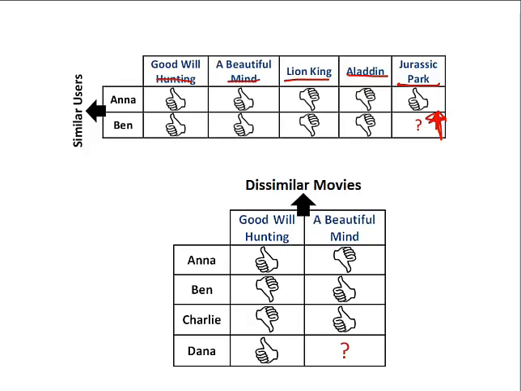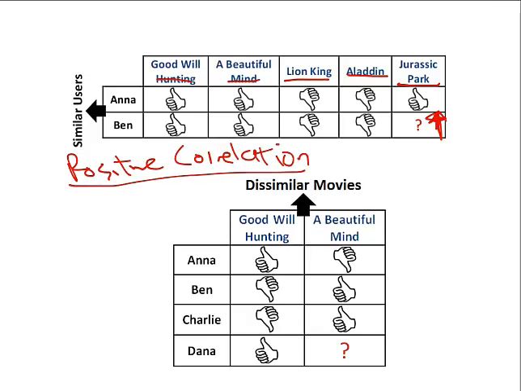But it's important to note that we don't always look for such positive correlation, as we call it. And what that means is these users have both rated everything the same, and therefore we predict them to rate things the same. But the users could be exactly the opposite of one another.